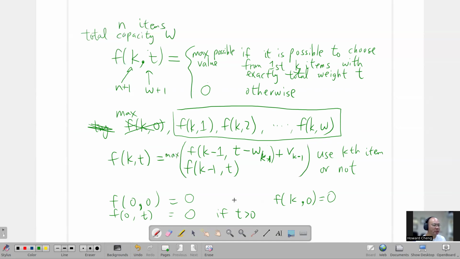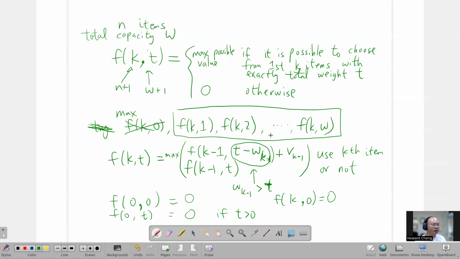over these two things. By the way, if w_k is bigger than t, then this can be negative. And you have to decide what to do with negative. Either you don't include this term because you basically can't put that item into the knapsack, or you change the base cases to say that if t is ever negative, just return 0, impossible, or something like that.